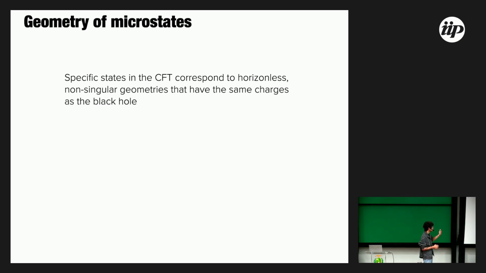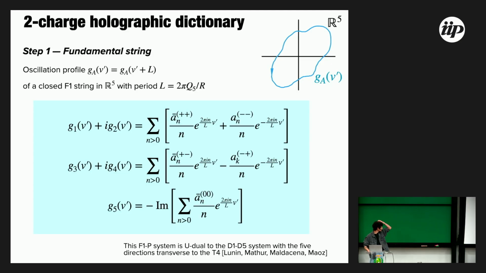So people have been, over the last 10 years, studying many ways of constructing supergravity solutions that are not black holes, but that correspond to specific microstates or specific states in that CFT.